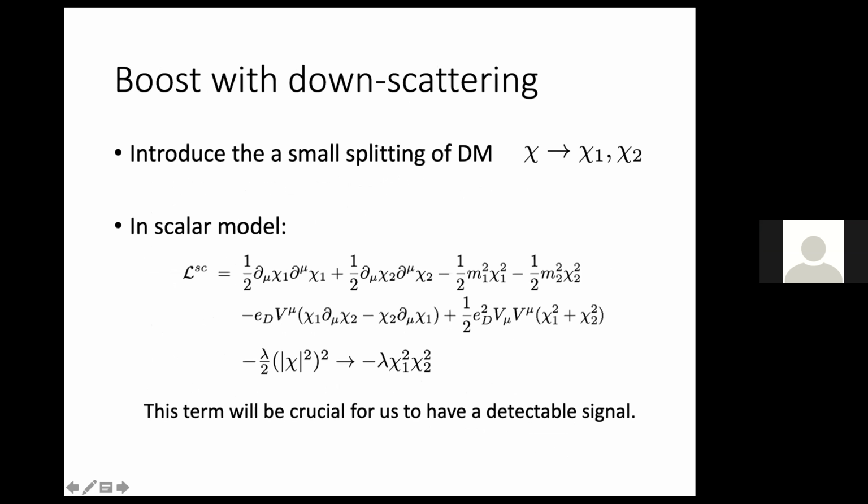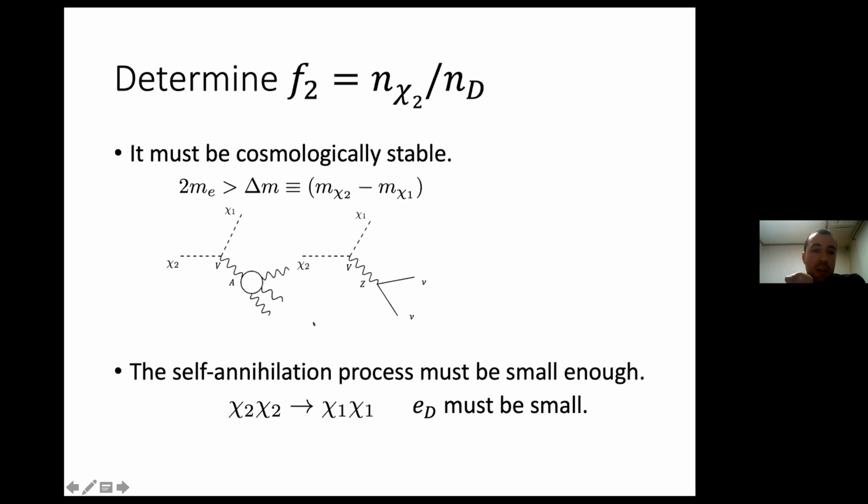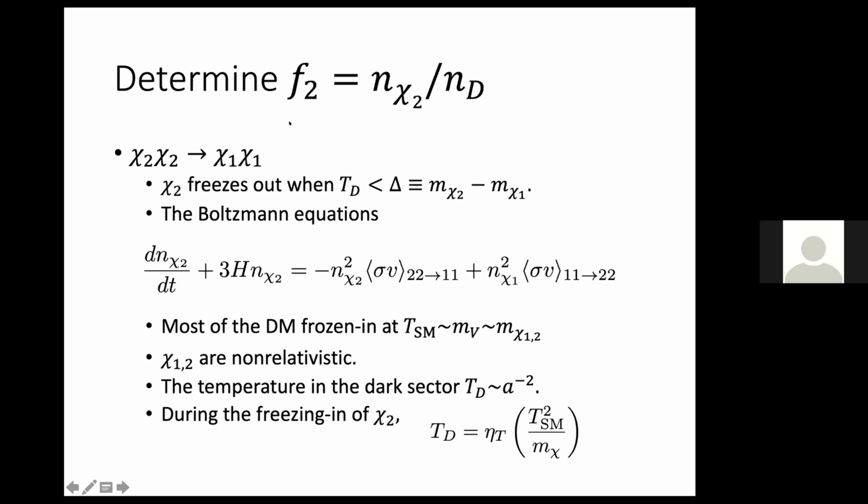So once Chi1 and Chi2 are frozen in, you have one Chi2 and one Chi1, right? They always come in pair. And then after that, this annihilation takes part. Yes, and then the annihilation will make F2 smaller, right? And so the initial condition for F2 is like 0.5.